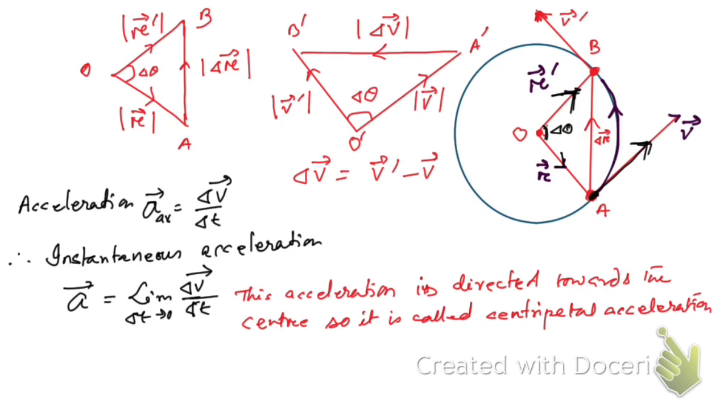So this is called centripetal acceleration, and we are going to write it as a_c.